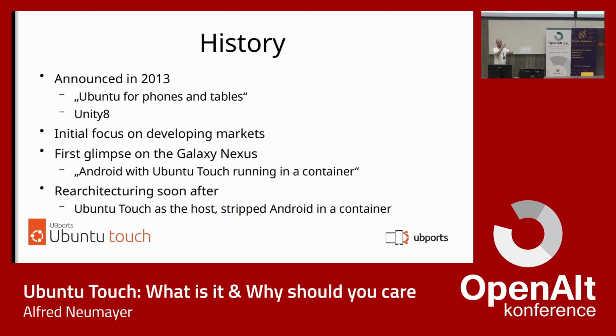They switched it around so that Ubuntu Touch is the host. The first process that gets started is Upstart, or nowadays systemd, and it runs a stripped Android in a container, which didn't have a name back then, but nowadays we call this Halium, which I'm also going to go into later.